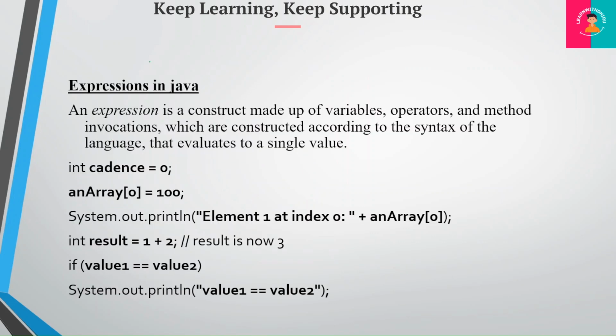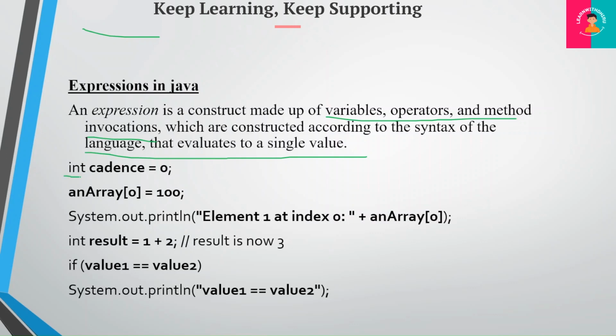Then coming to the expression in Java. What is an expression? An expression is a construct made of variables, operators, and method invocations, which are constructed according to the syntax of the language, that evaluate to a single value.